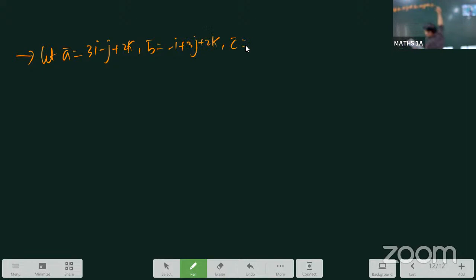Next, what has he given? Let A bar be equal to 3i minus j plus 2k, B bar is minus i plus 3j plus 2k, your C bar is 4i plus 5j minus 2k, and your D bar is i plus 3j plus 5k.